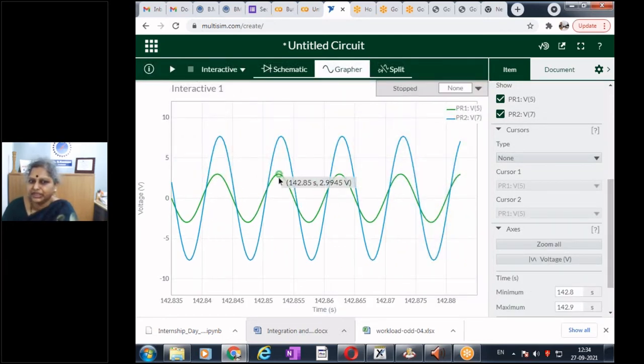My input is green, 3 volts is my input. My output, what is my output? Around 7.7. Can someone tell me how much it is? Input is 3 and output is 7.6. How much is the gain? We now have a fourth order filter. My input is 3 and my output is 7.7. 7.7 by 3, how much do I get?